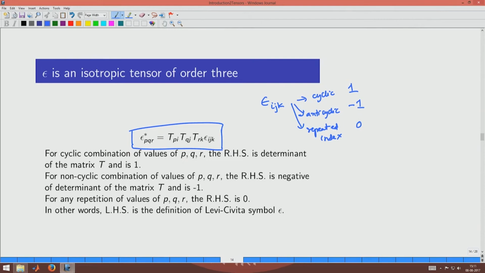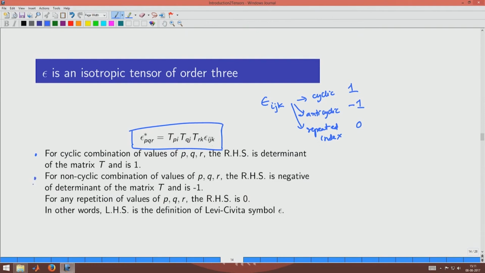Now, you see that the way the argument is done is as follows. Whenever the indices of epsilon ijk are cyclic, then the expression that we have written here is nothing but the determinant of the matrix T, which is +1.